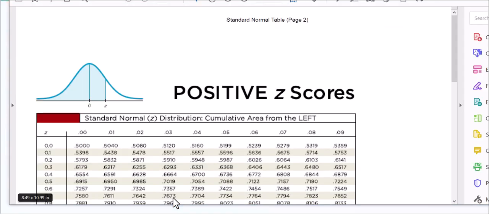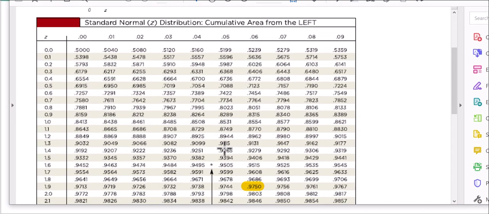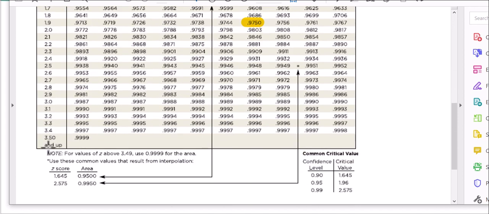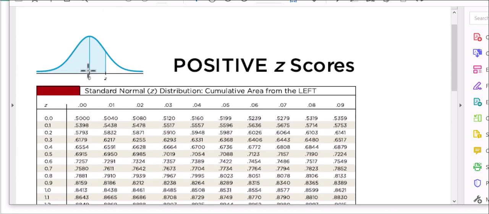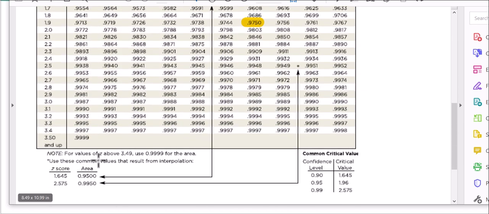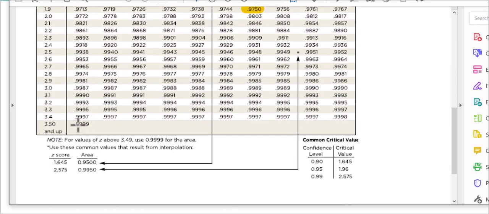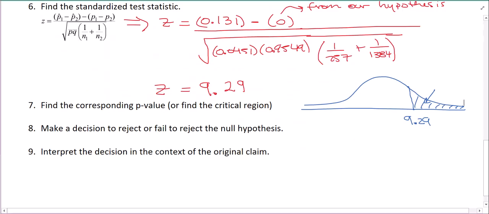Since it's a positive z-score, I'm going to look at the positive table, and notice that 9.29 is not even in here. It goes to 3.50 and up. So this is 0.999, but remember, this is giving me the area to the left. So my area then is 1 minus this 0.999. So my p-value is the probability that z is greater than 9.29.